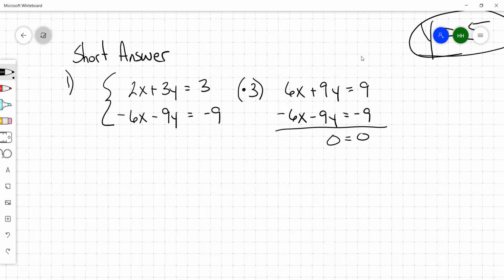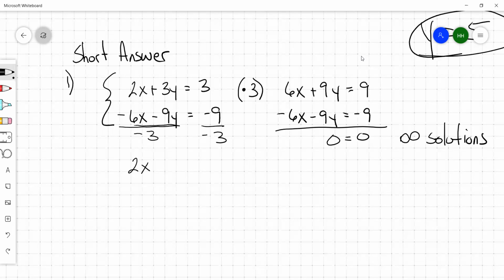This is infinite solutions. And really, for a couple different reasons. In this first step, if we would have divided both sides by negative 3, negative 6x divided by negative 3 is 2x.